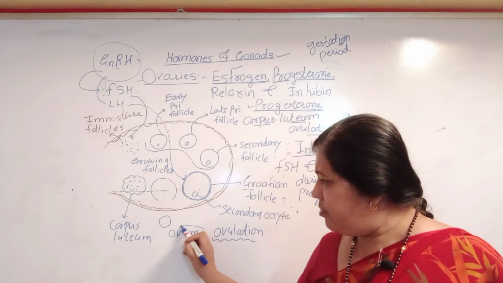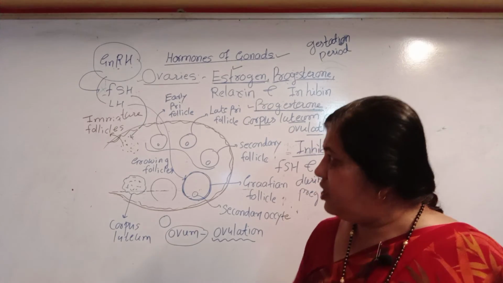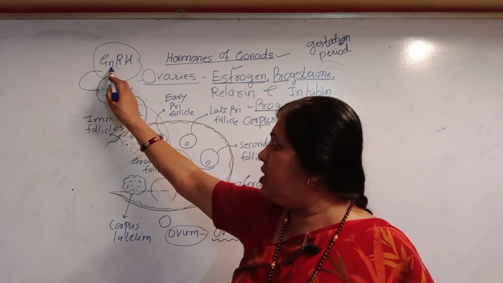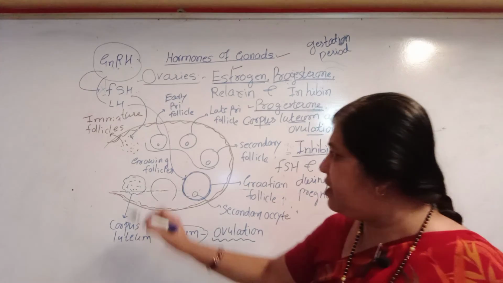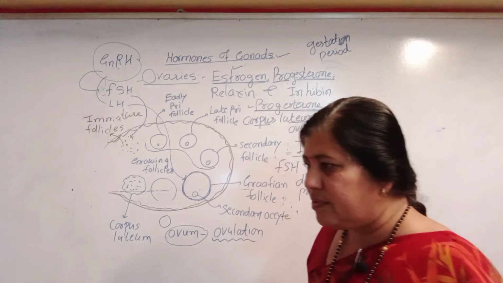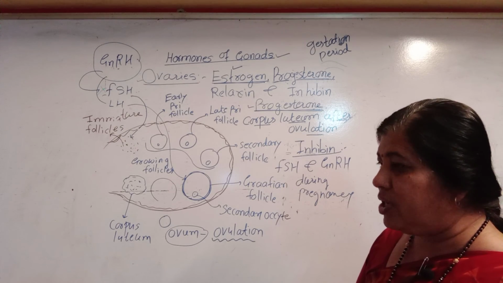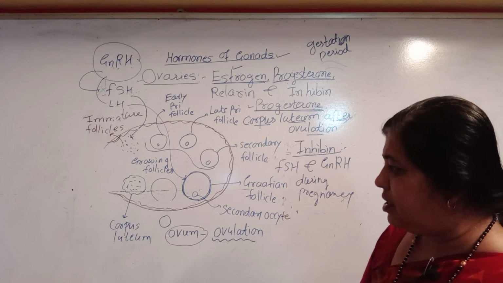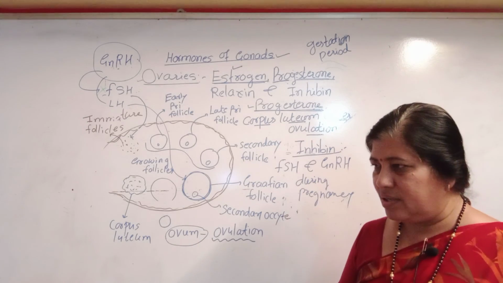During her pregnancy there is no secretion of FSH, no secretion of GnRH, and no development of another immature follicle up to the birth of the baby, and up to the age of 6 months of the baby.